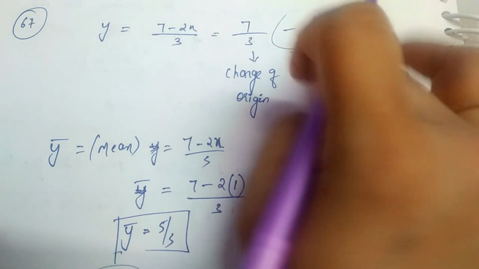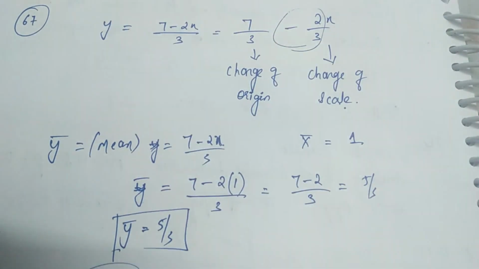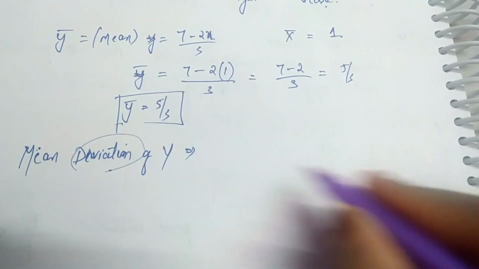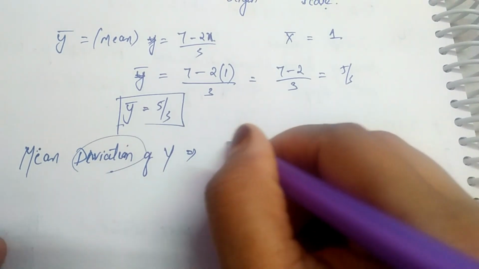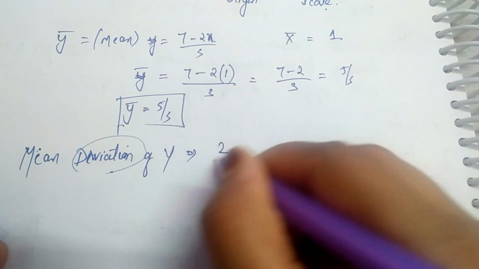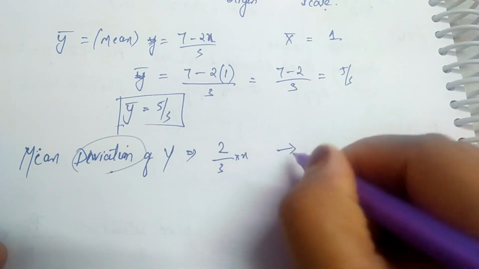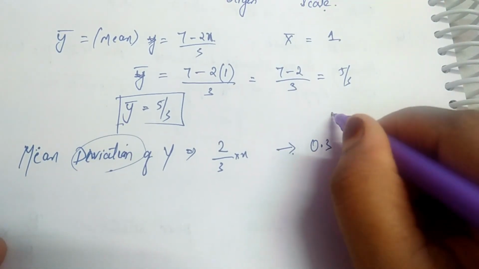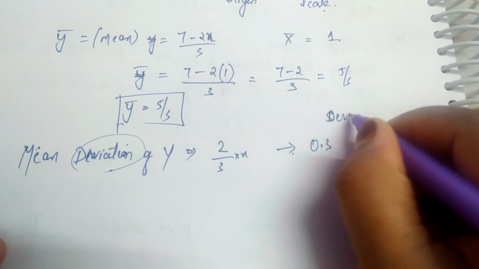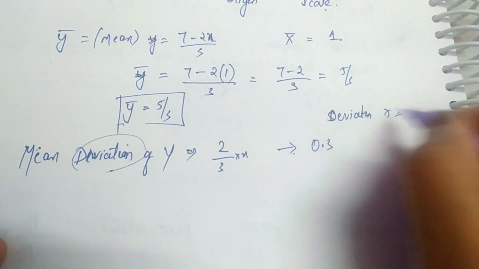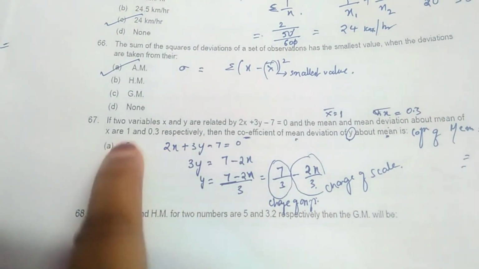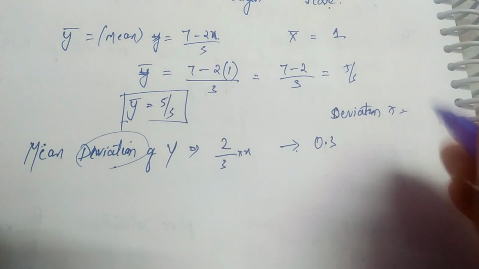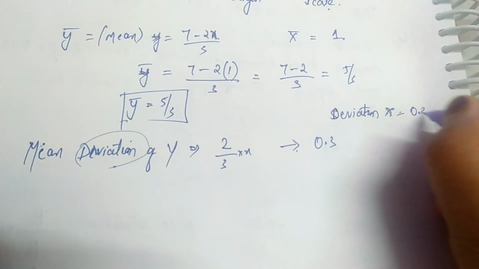Even though it is minus 2 by 3, we take only the positive value, 2 by 3. So the deviation of y is 2 by 3 into the deviation of x. The deviation of x is already given in the question, it's 0.3.